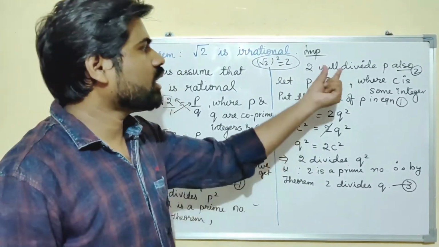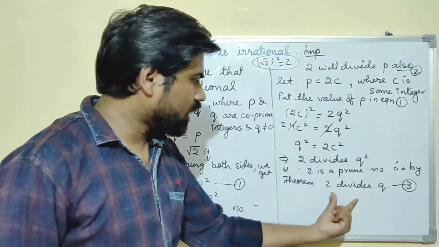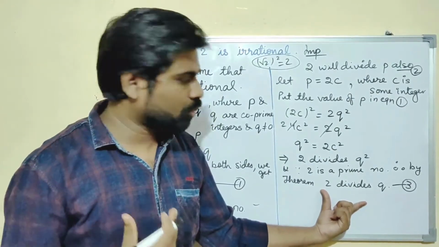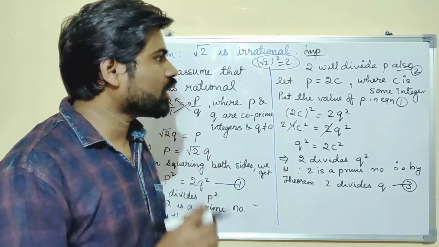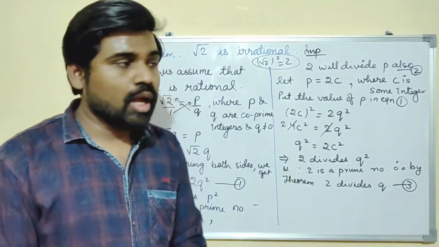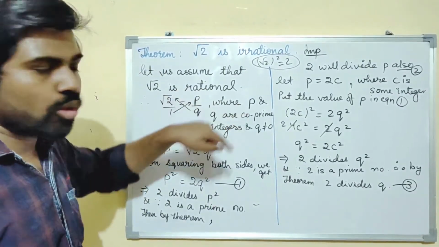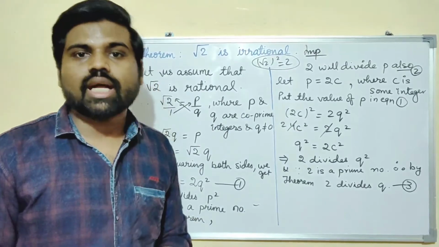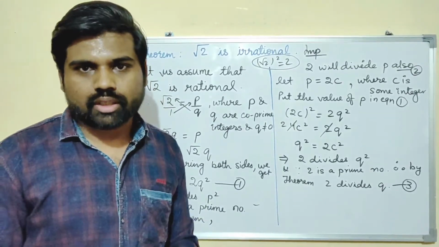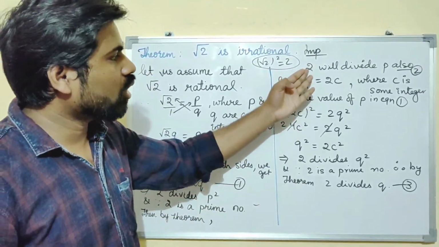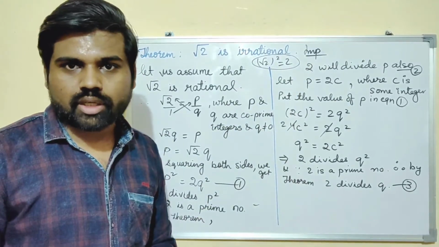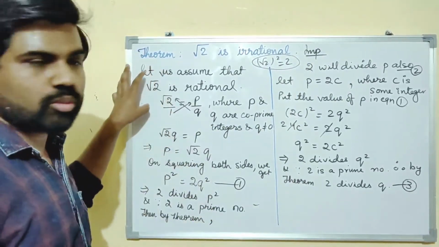But we began with p and q are co-prime. What is the meaning of co-prime? That they have 1 as the common factor. But here we have got 2 as the common factor. That means whatever we have assumed was wrong.